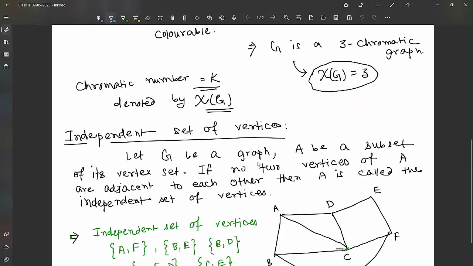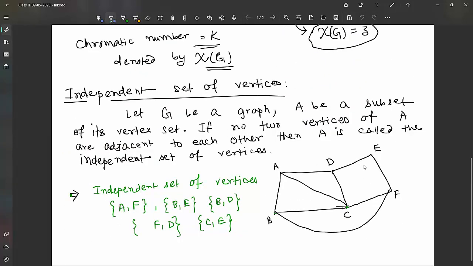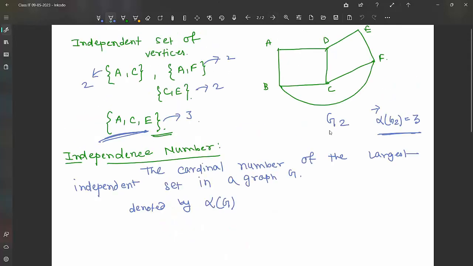But if you take the previous figure and call it G1, then alpha of G1 is 2, because the cardinality of the largest independent set present here is 2. So that's why the independence number is also 2.